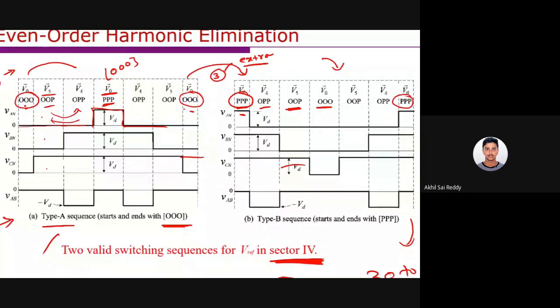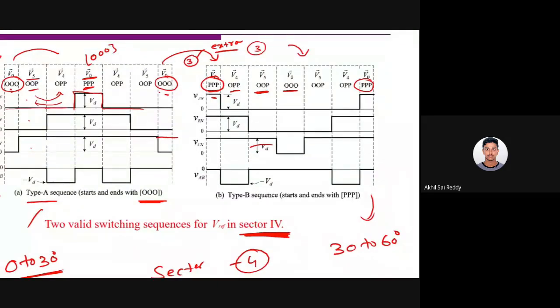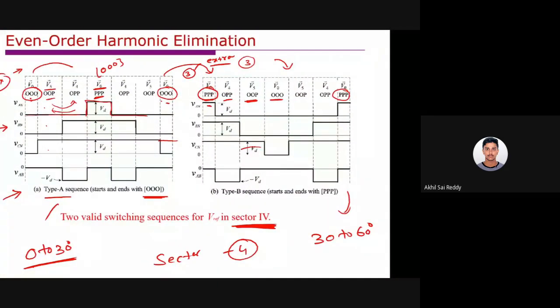Clear? So what is the extra switching? How many switches are affected now? There we have three extra switches, right? Three extra. The frequency of switching is increased by 3 times. Okay? Clear?